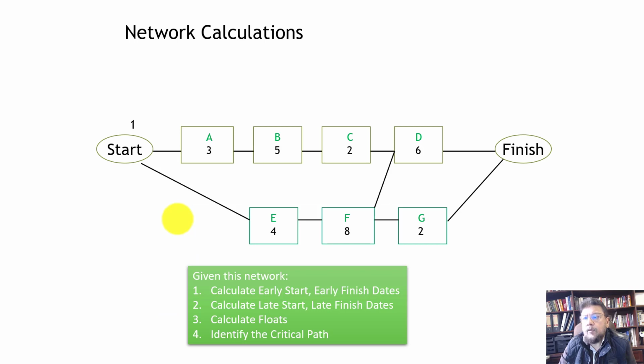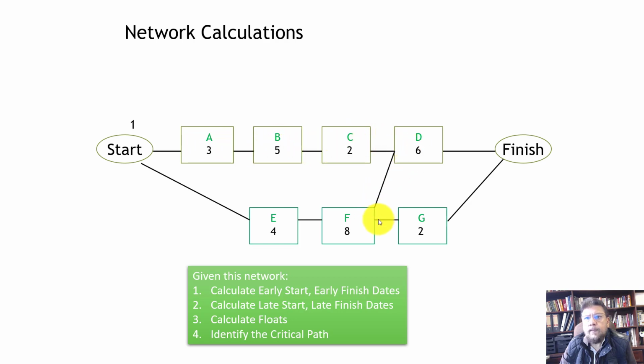Once you have the network drawn like this, the next step is to put in the duration of each activity. You notice that each activity now has a duration. So C is 2, D is 6, and so on.